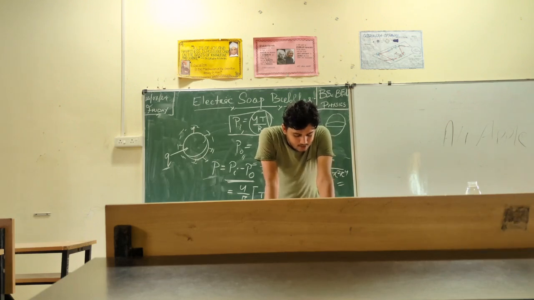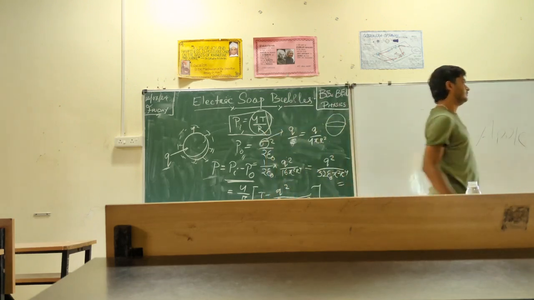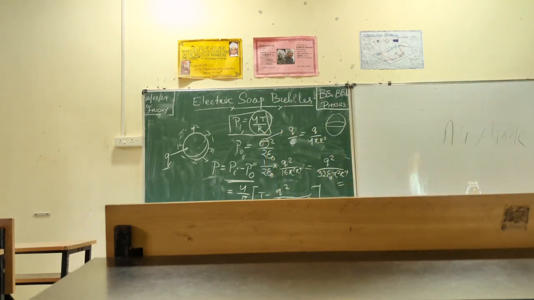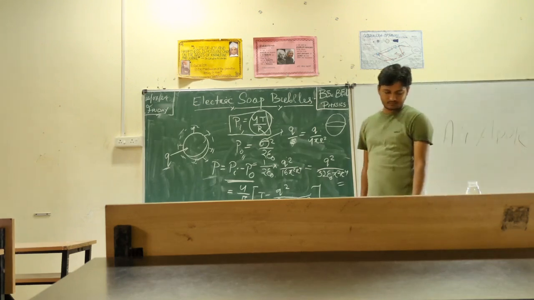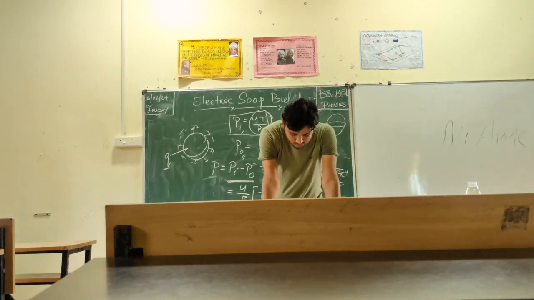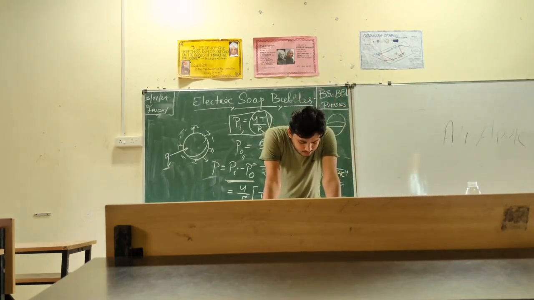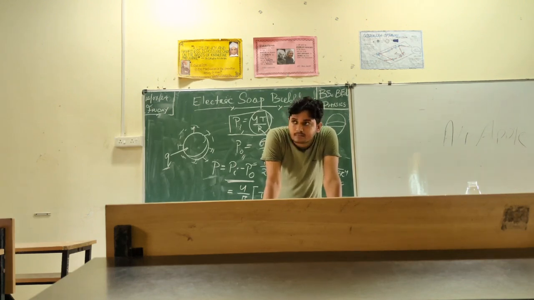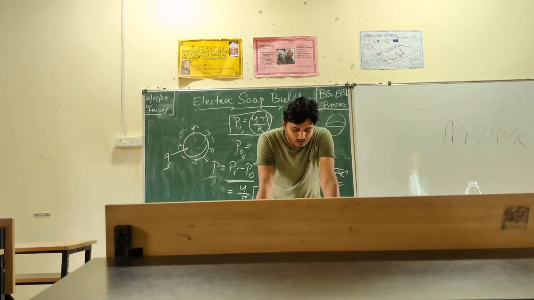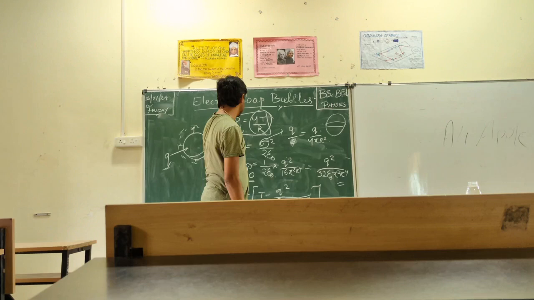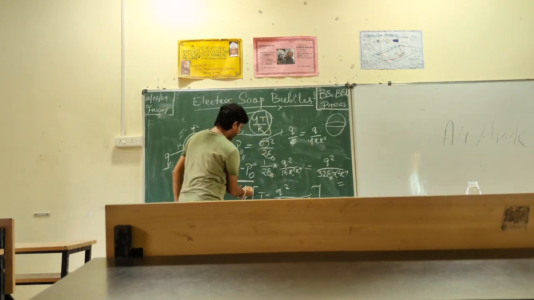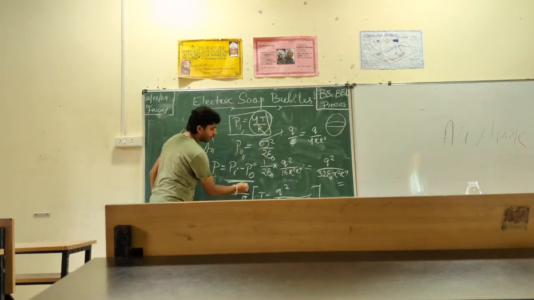The effective value of its surface tension decreases from T to T minus this one. 4 by R is common.